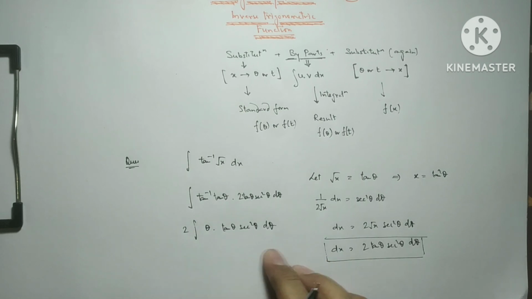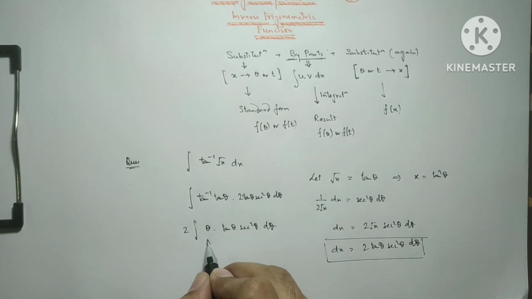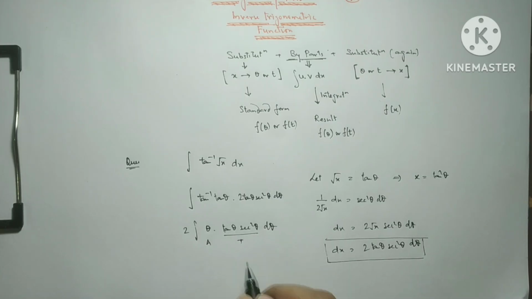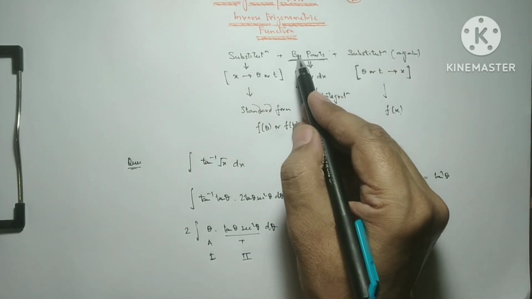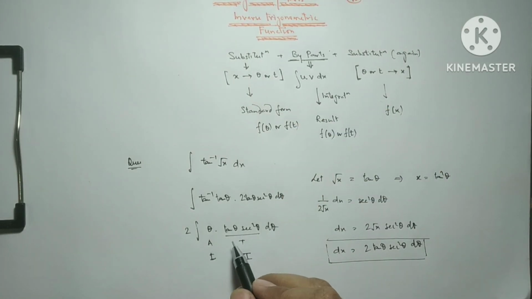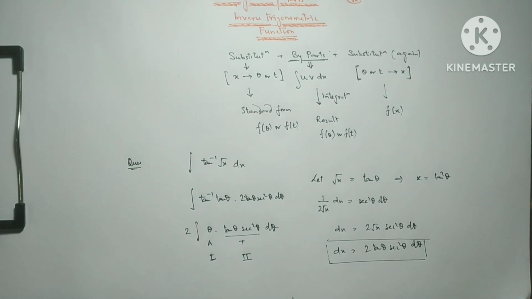So right now we have this expression, and this is an algebraic function and this is a trigonometric function. So it is the first part and this is the second part. Because we want to apply, step 2, by parts method, so there should be the product of two functions, so algebraic and trigonometric.